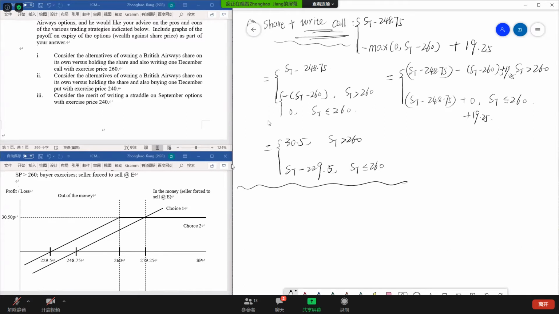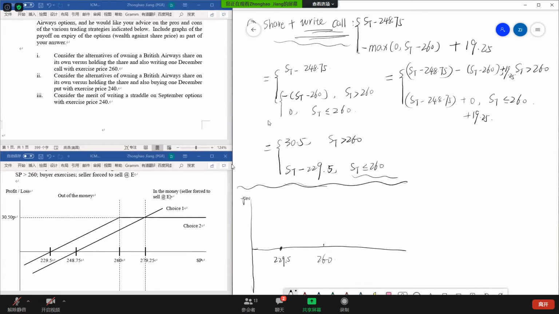Then we can draw the graph. When the stock price is smaller than 260, the payoff is a straight line. When the stock price equals 229.5, the payoff is 0.